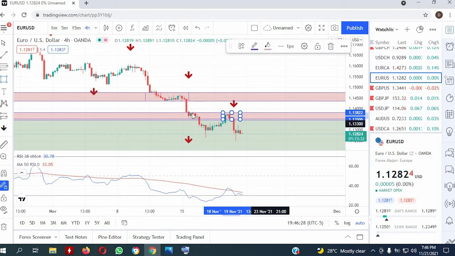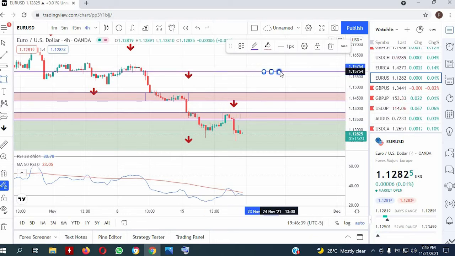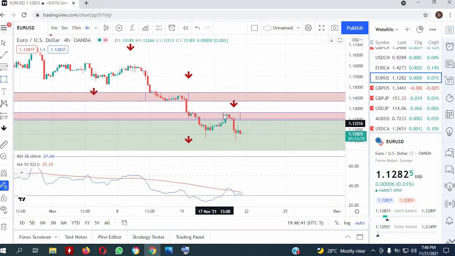So the EUR USD is expected to continue the bear trend. So if you are going to trade this analysis, wait for a pullback into this lower high. So that's it for the Euro USD.